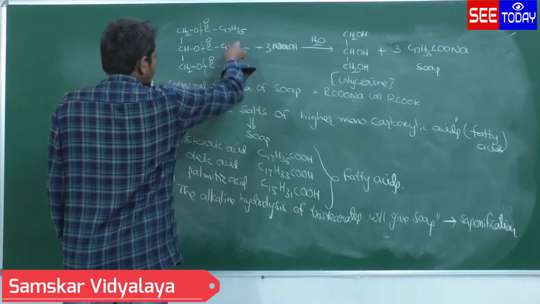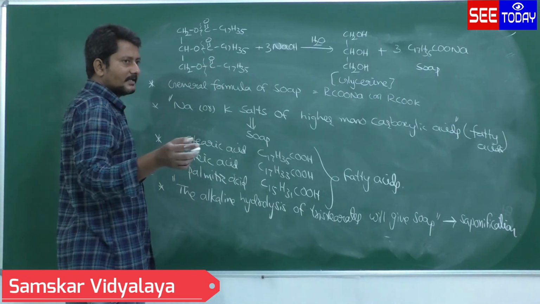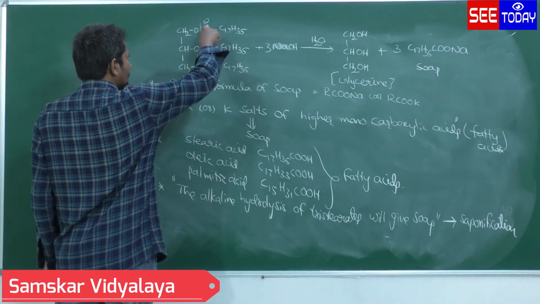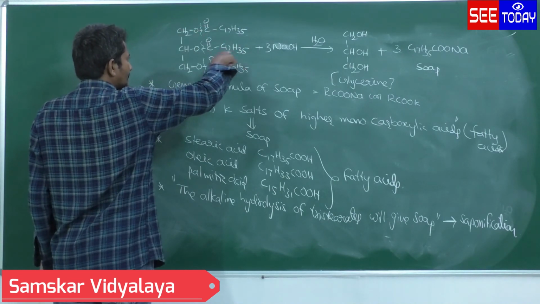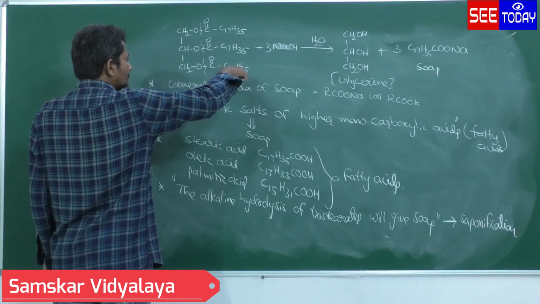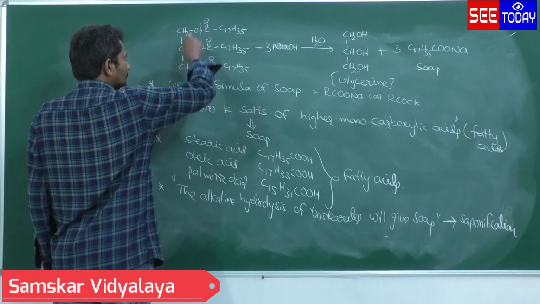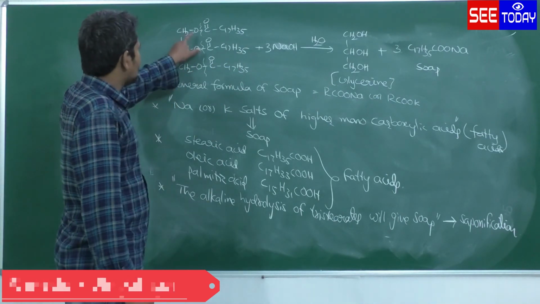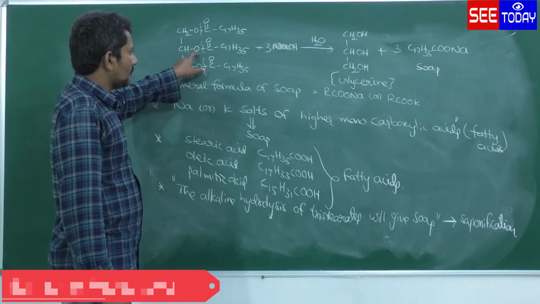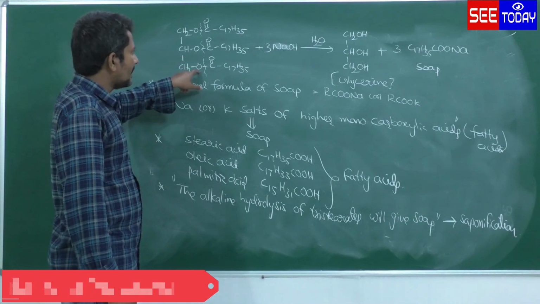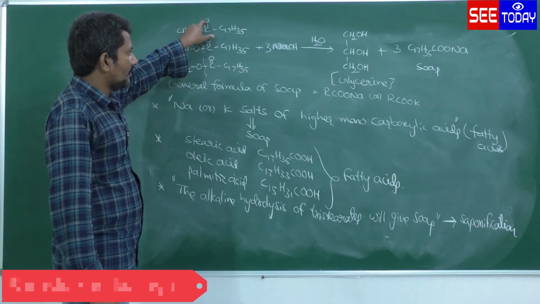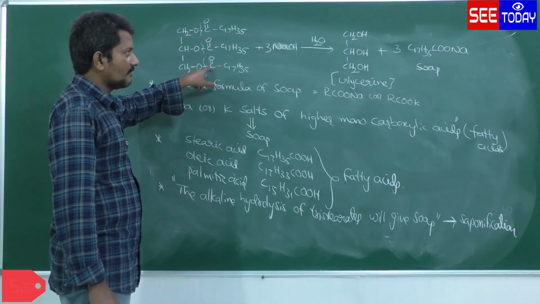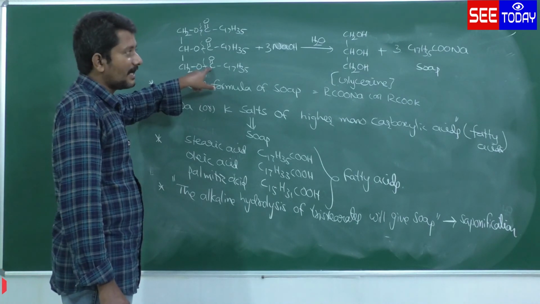Instead of stearic acid, we can also take oleic acid or palmitic acid. Here I took stearic acid, which gives CH2OH, CHOH, CH2OH plus C17H35COONa three times. That is the soap, sodium stearate.